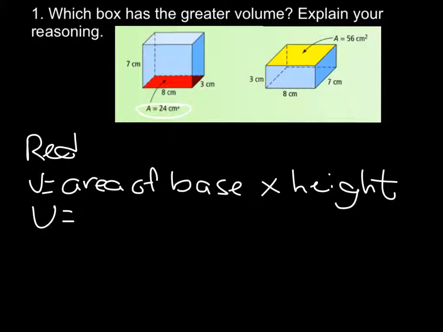And how did they get 24 centimeters squared? Well, they would have multiplied the length times the width, 8 times 3. So these two multiplied together gave us the area. So 24 centimeters squared. And what's our height? Well, our height is this one here, so 7.